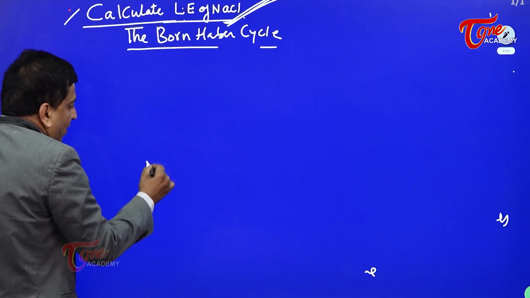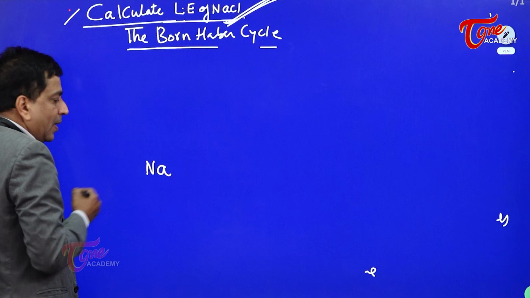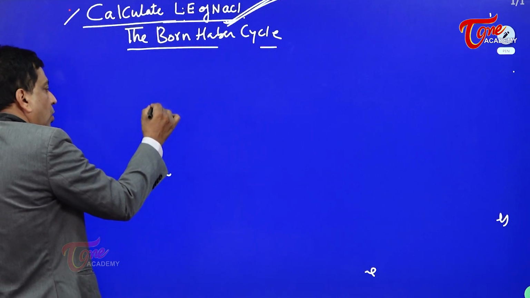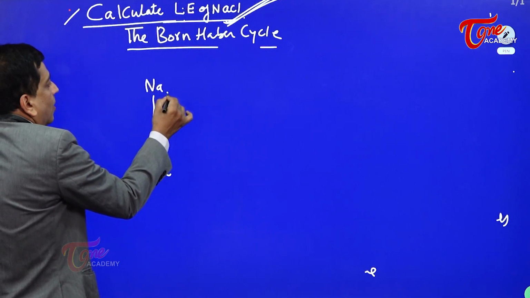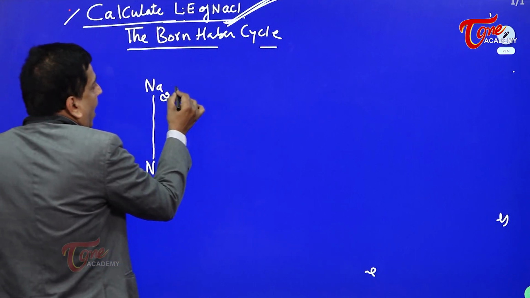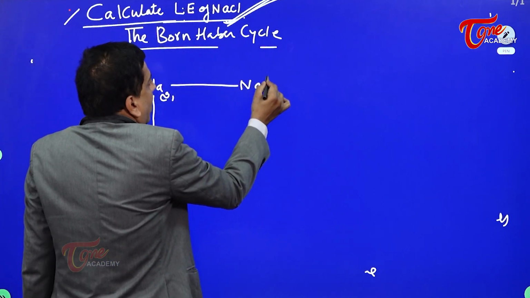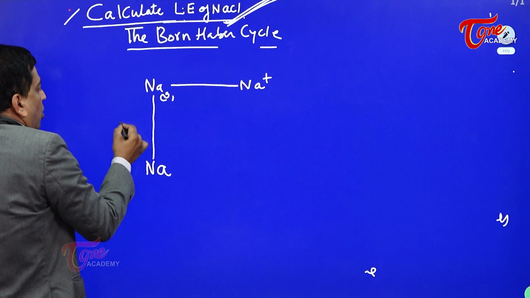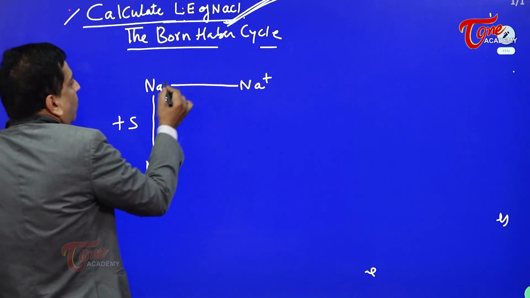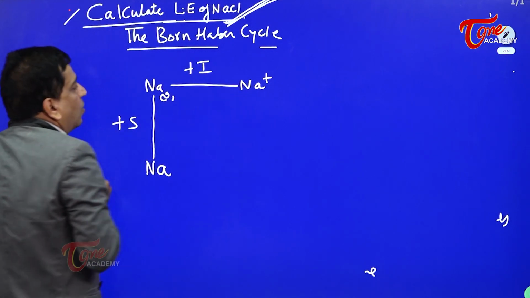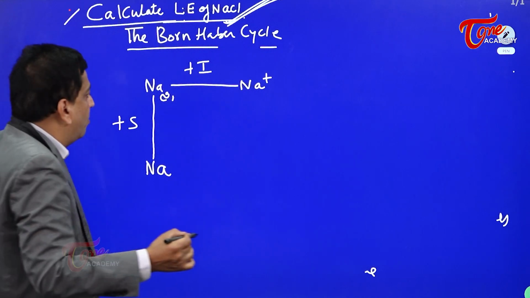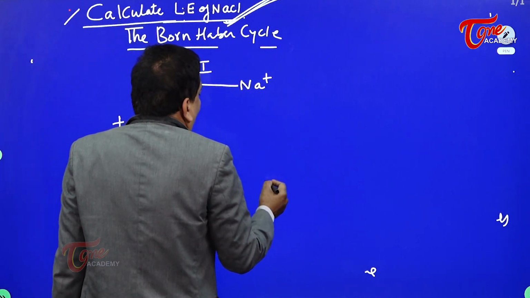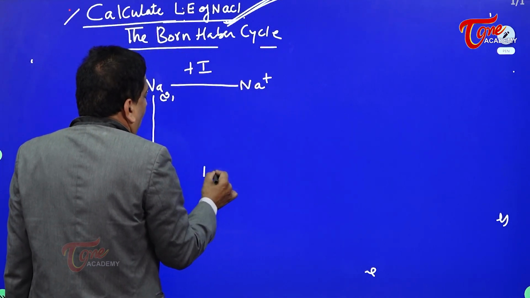First, you take sodium, you convert this into sodium gas, and from that you remove what? Na+. For this you require +I, that is ionization energy. The sodium is ready now, and then you have half chlorines.